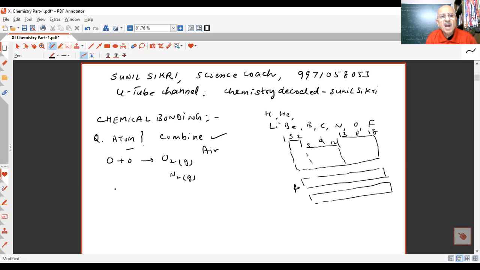You have hydrogen and oxygen combining to form H2O. You have carbon dioxide, you have NH3, students. What I'm trying to say is that elements or atoms have a tendency to form compounds. They are forming molecules or compounds.